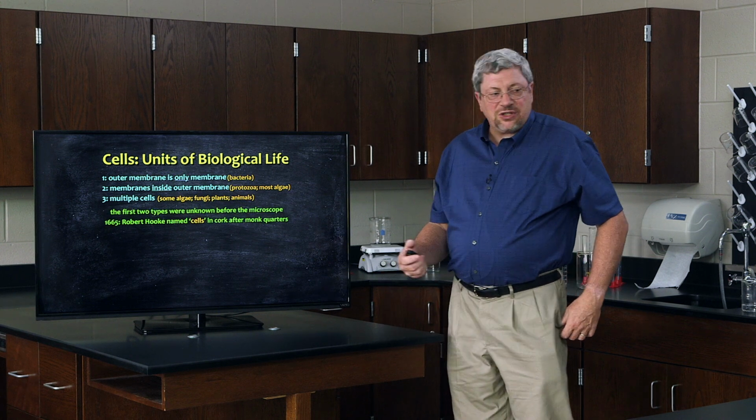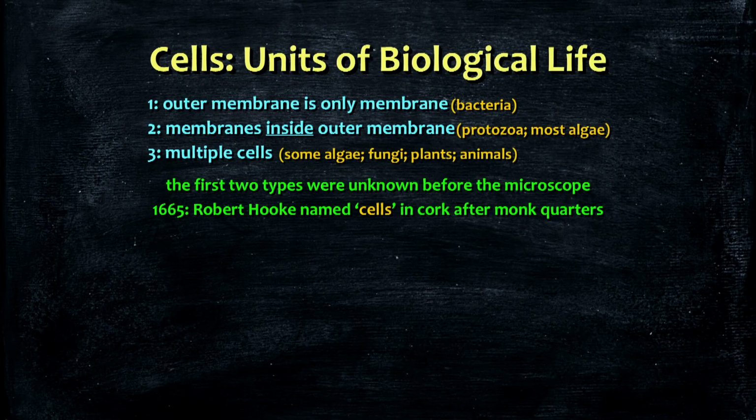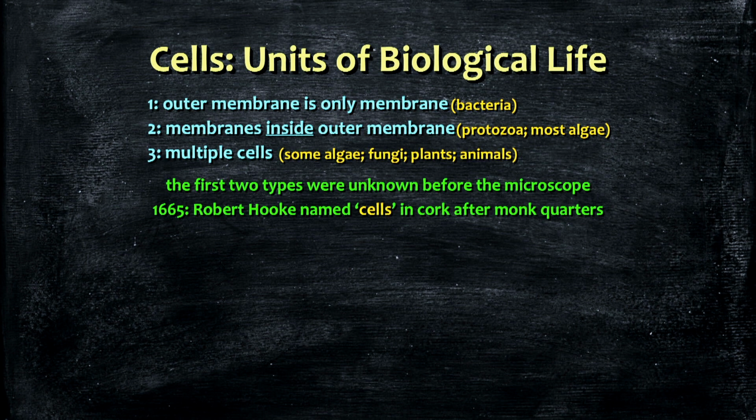The first 2 types, the bacteria and the eukaryotic single-celled organisms, were unknown before the microscope because they're very small. They can't be seen with the naked eye. At the time, the beginning of the 17th century, for example, the only organisms people knew about were in fact the third category of organisms made of multiple cells.